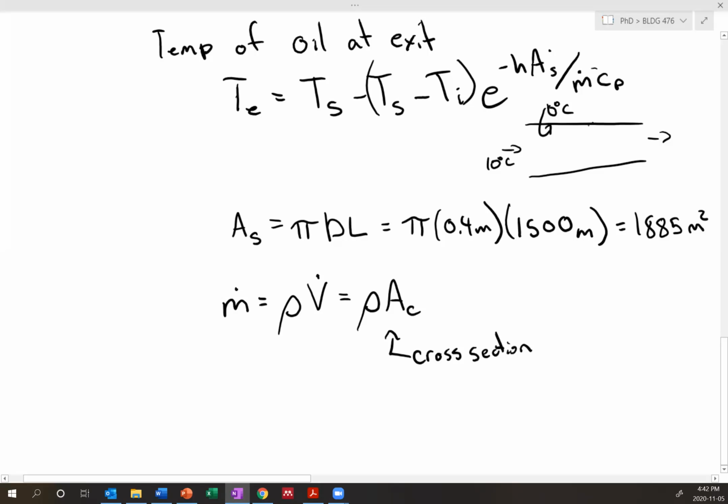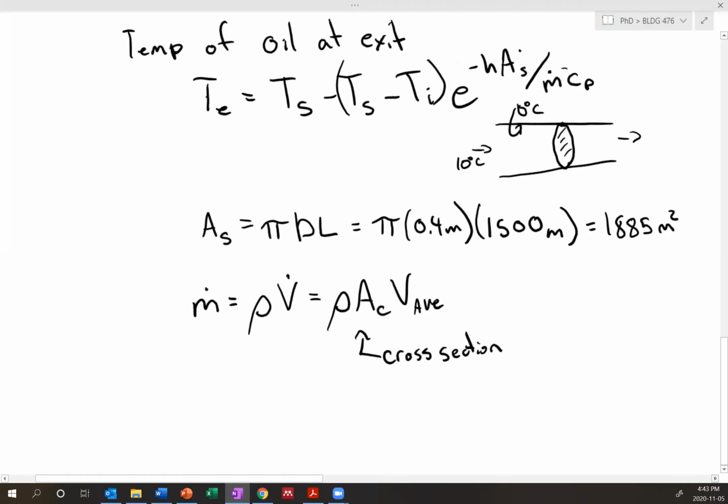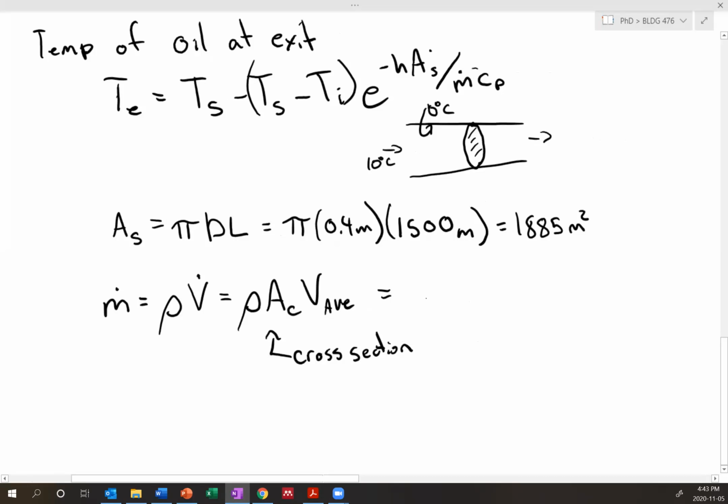So this would be this area times our average velocity, which we're given. So we're just going to incorporate our area into here. We'd find a mass flow rate of 56.15 kilograms per second.